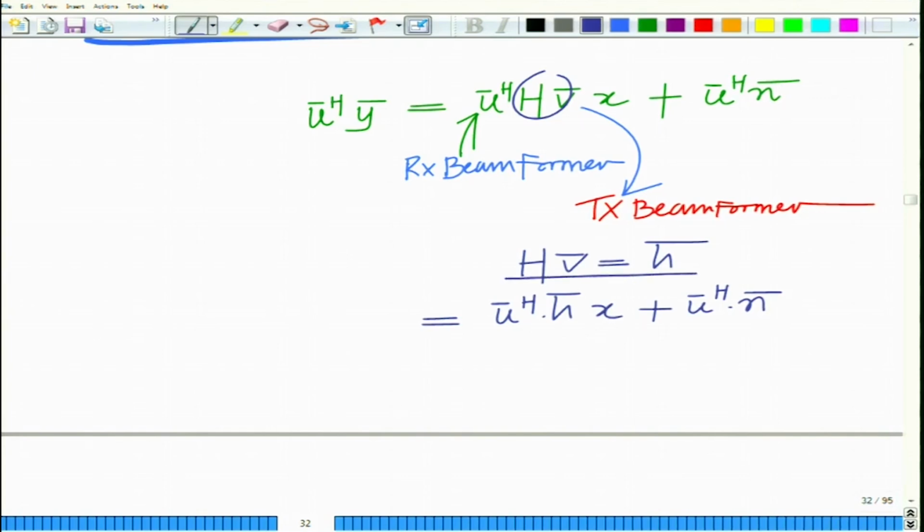By setting H V bar equal to H bar, this is simply a multiple receive antenna system, for which we already know the optimal beamformer.